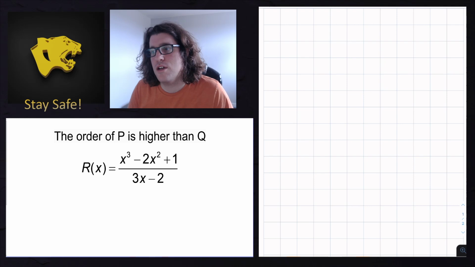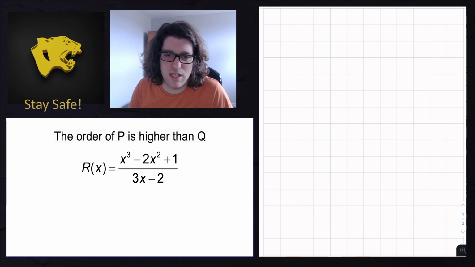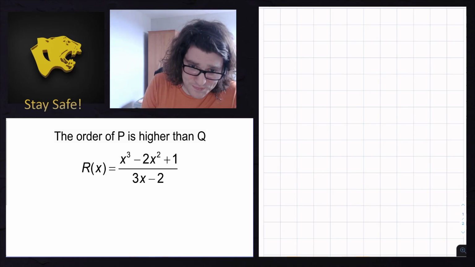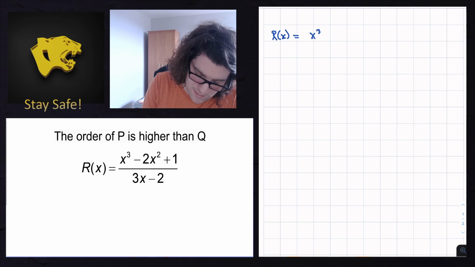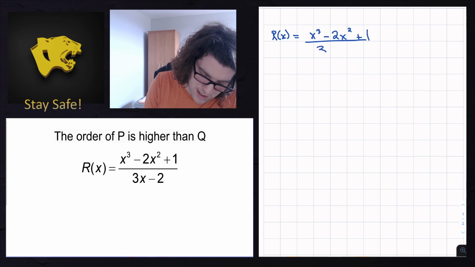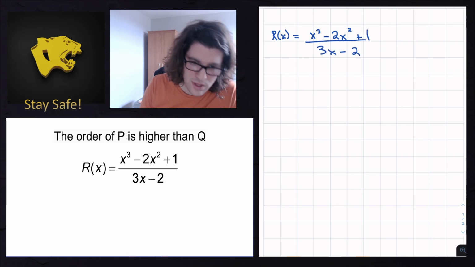So don't get thrown off too much by that. For this particular one, our r of x is equal to x cubed minus 2x squared plus 1 over 3x minus 2.